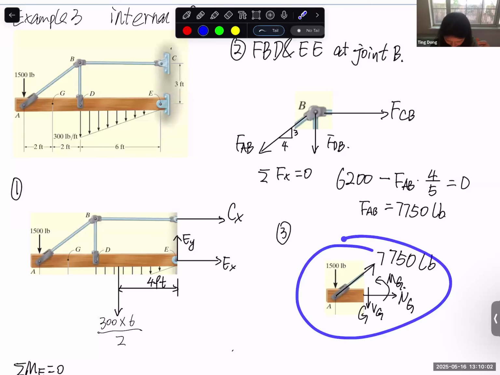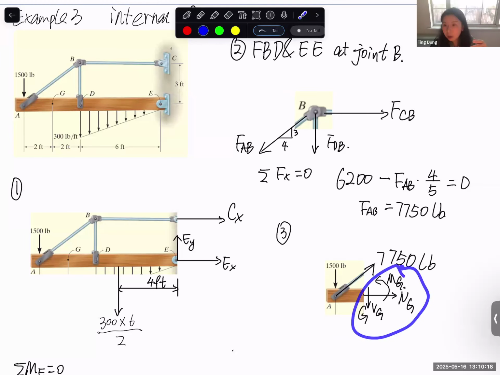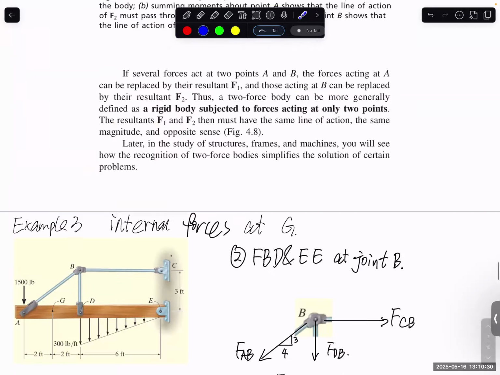This one? Yeah. Which one should be in compression? It's in tension. You mean this force? Well, the way that you drew the reaction forces, VG, NG, MG. This is internal force, not reaction force. This is the internal force on the cutting surface. But didn't you draw it in the way such that it's in tension?